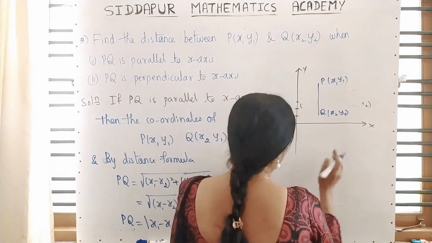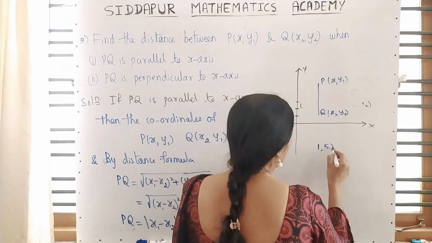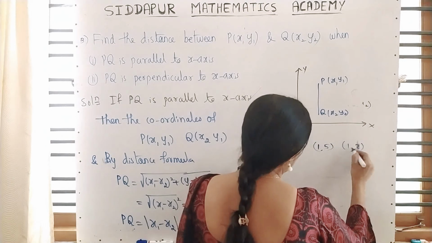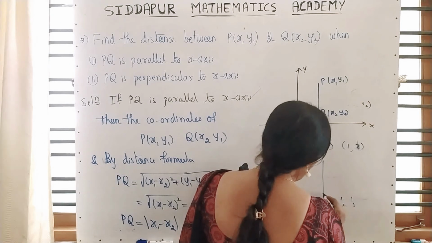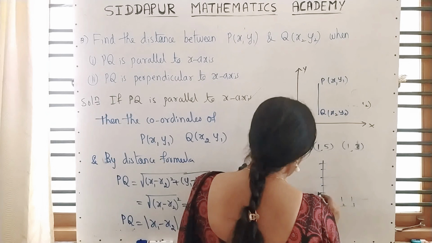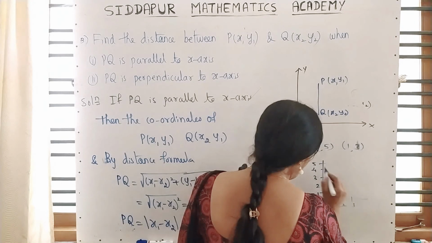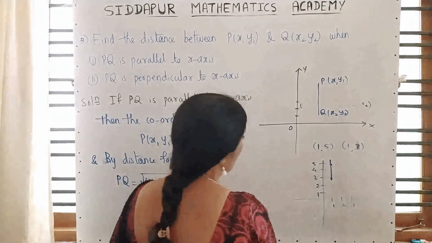I will explain with the help of example also. Here if you mark 1, 5 and 1, 1 or 1, 3. This is 1, 2, 3. 1, 2, 3, 4, 5. 1, 3 comes here, 1, 5 comes here. See, it is parallel to y-axis.